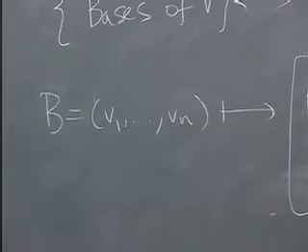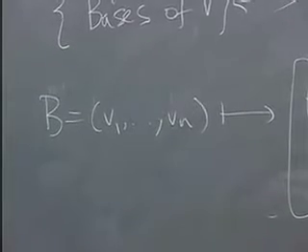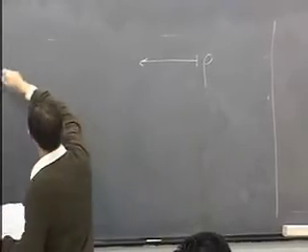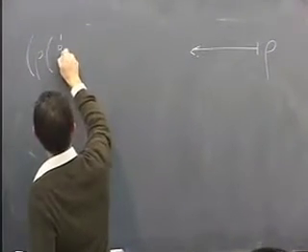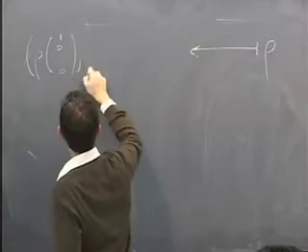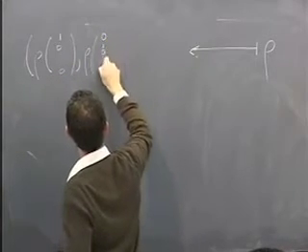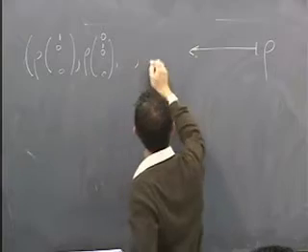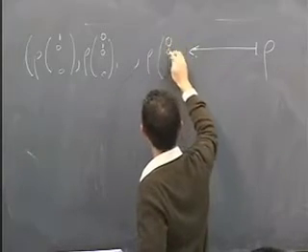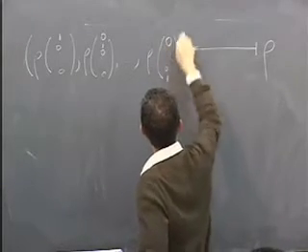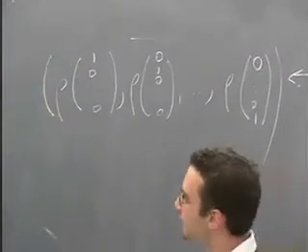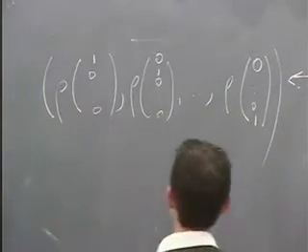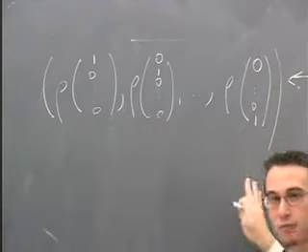Another way of putting exactly what you just said is that if we have some rho, we take it to the ordered set rho of (1, 0, 0, ..., 0), and then rho of (0, 1, 0, ..., 0), and then onwards to (0, 0, ..., 1). So there's this standard basis of Fn, and we just evaluate rho on that standard basis.